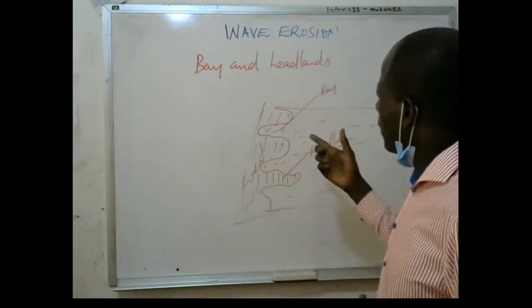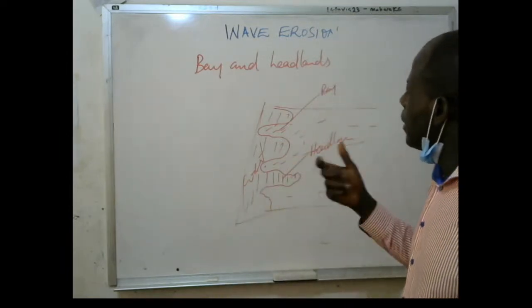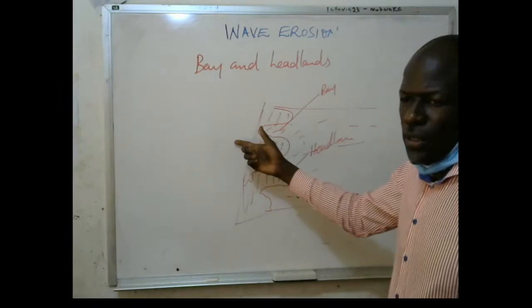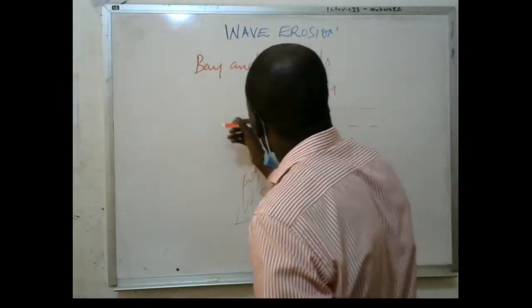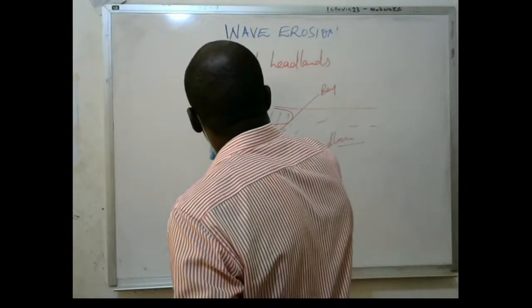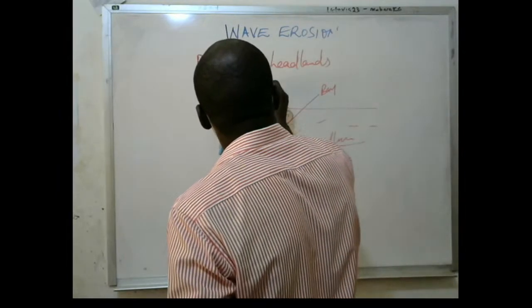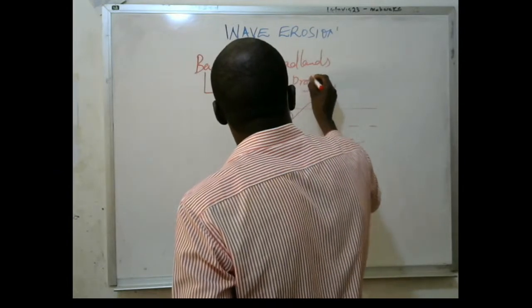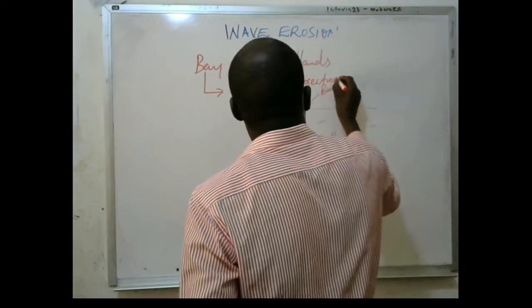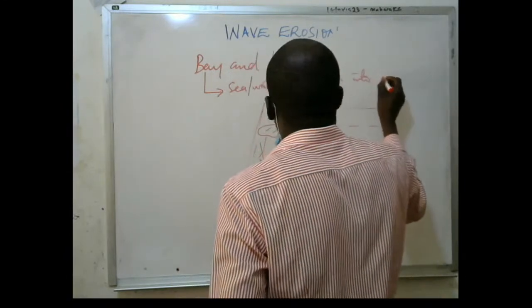Yes, what is a bay? A bay is a sea projection into the coast. So we're saying this one here is a sea or water projection into the coast.